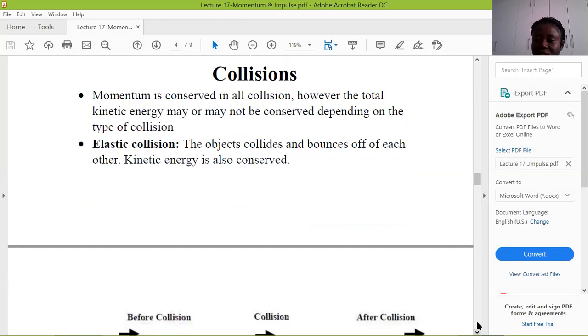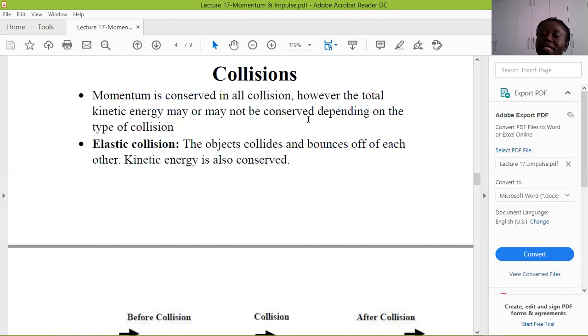So when two or more objects interact, the momentum is always conserved in all collisions. However, the total kinetic energy may or may not be conserved.